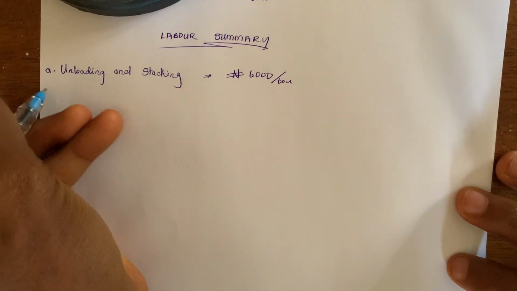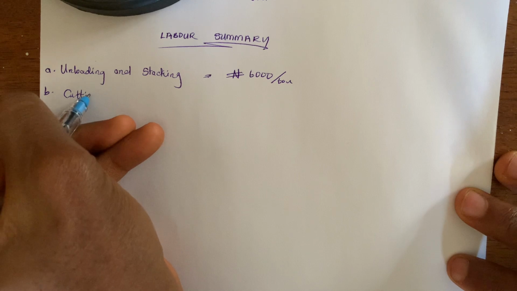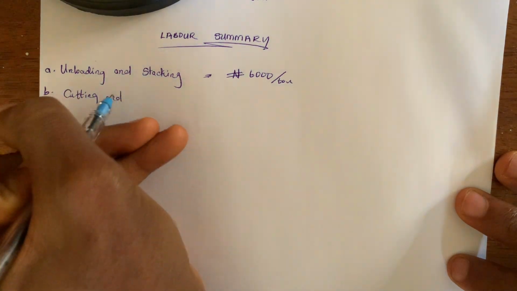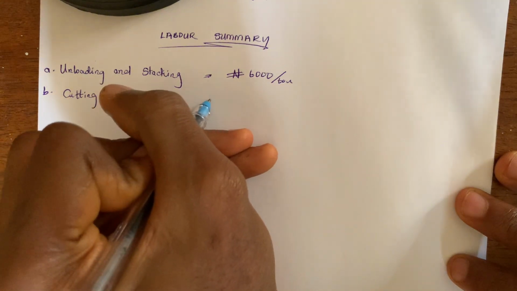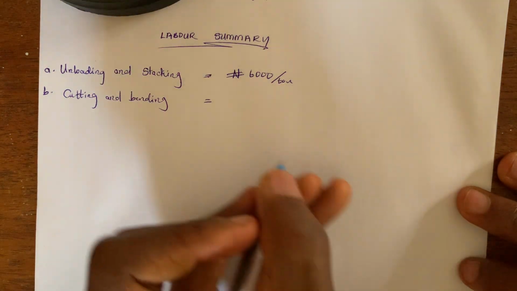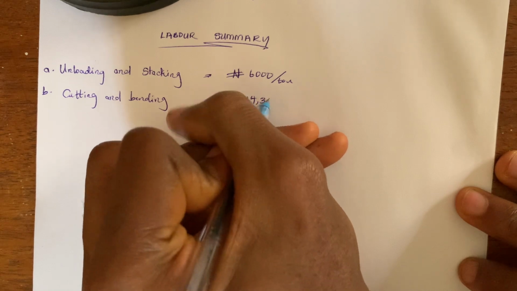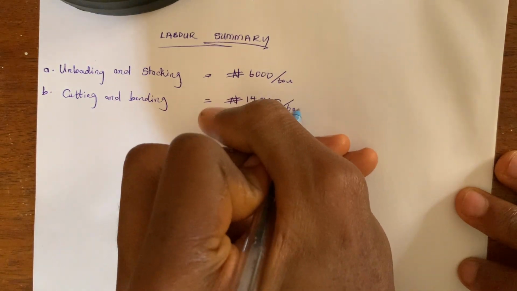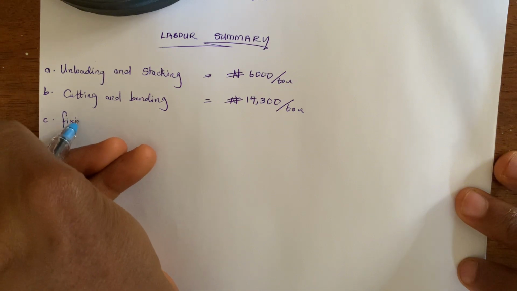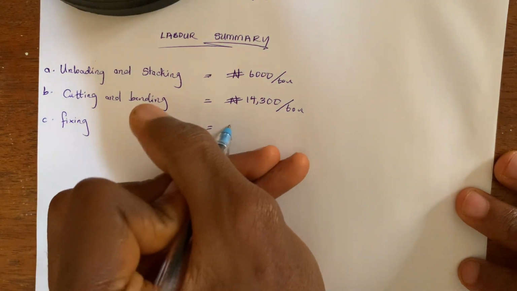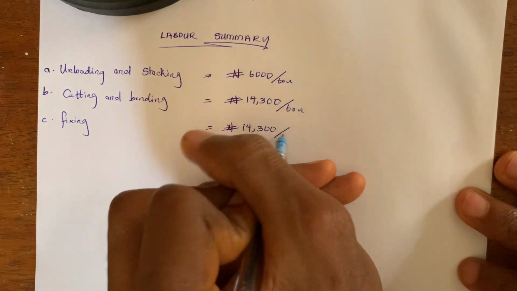The next work item is cutting and bending, and we calculated it as 14,300 naira per ton. And lastly, the fixing, as 14,300 naira per ton.